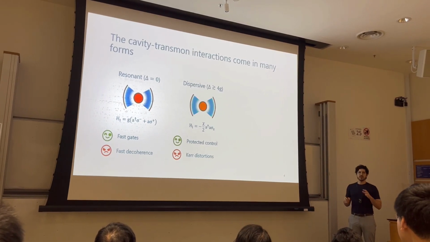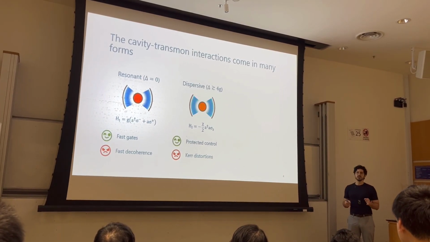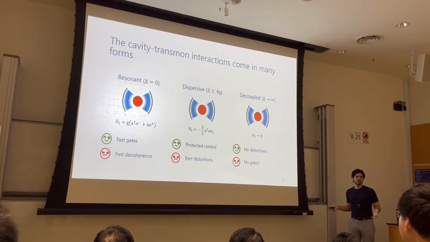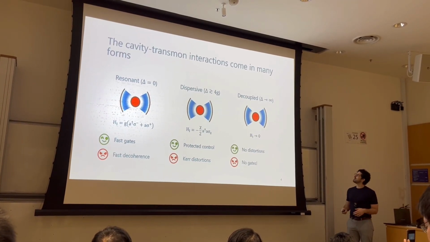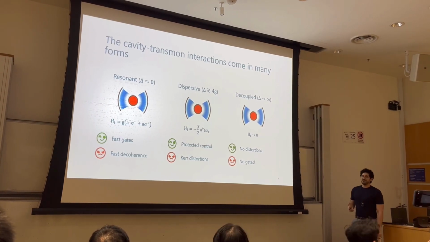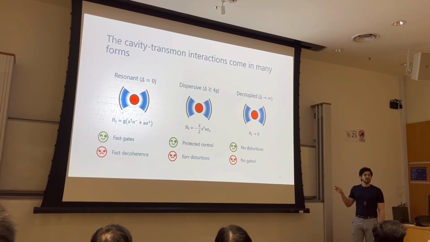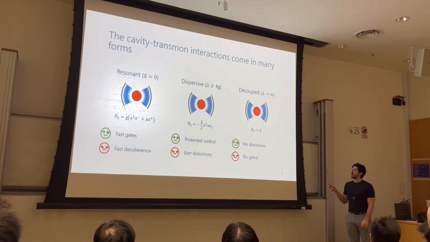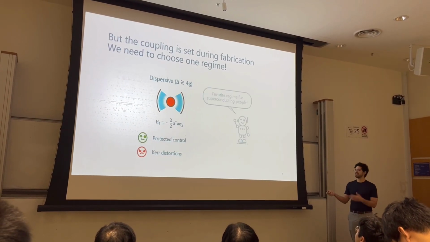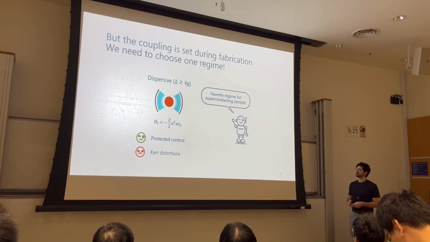But I'll tell you right away a very simple way of getting rid of the nonlinearities, which is making a transmon that is simply completely decoupled from the cavity. Then you'll have no interaction, you have no distortion, but you also have no gates. If you have to choose one, and that's often the case, you have to choose one of these. Which one do we pick? We go for the dispersive one, because it's a good compromise between control and protection.